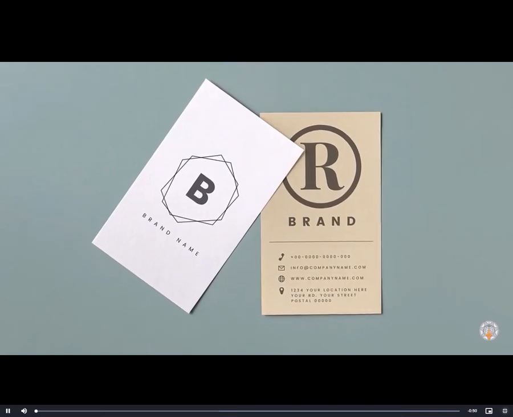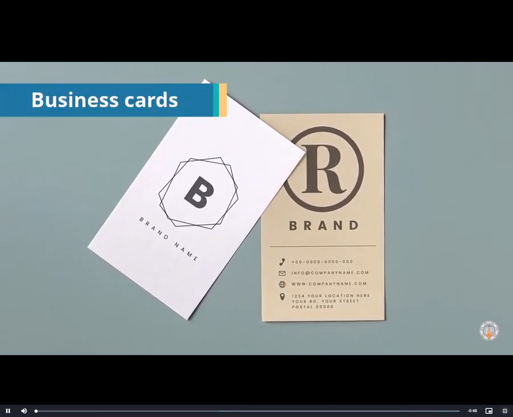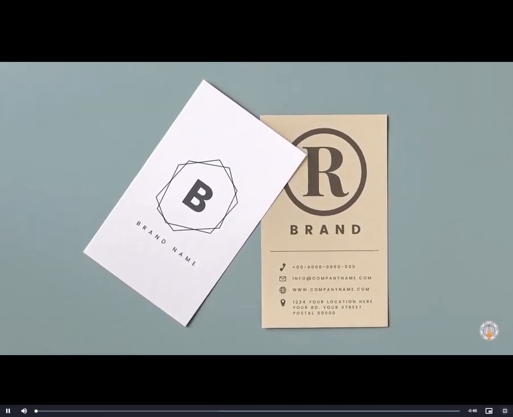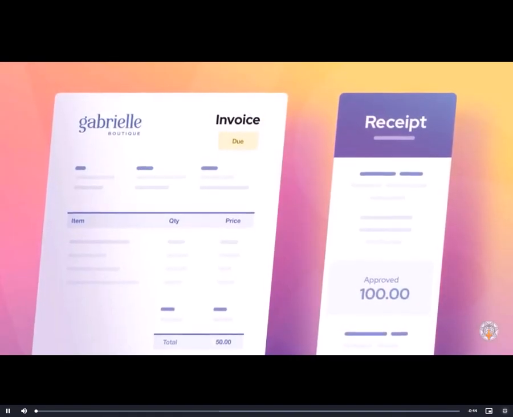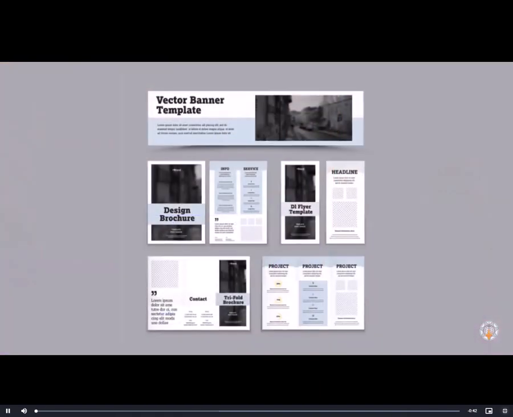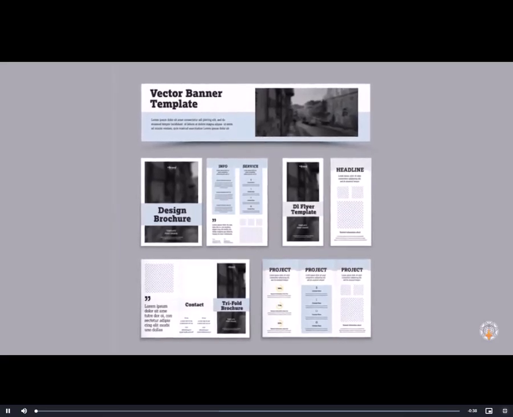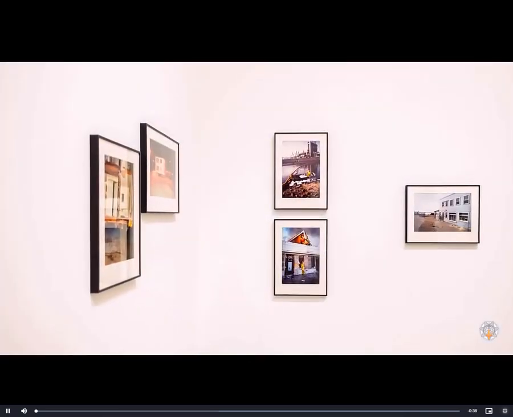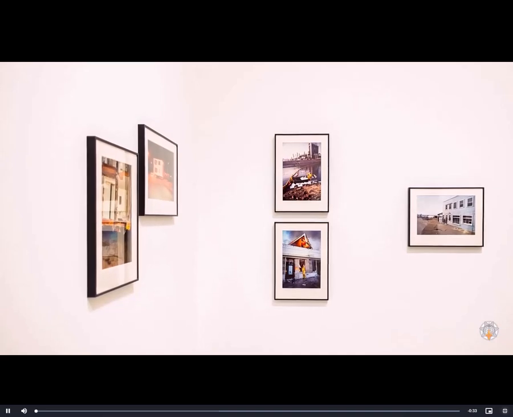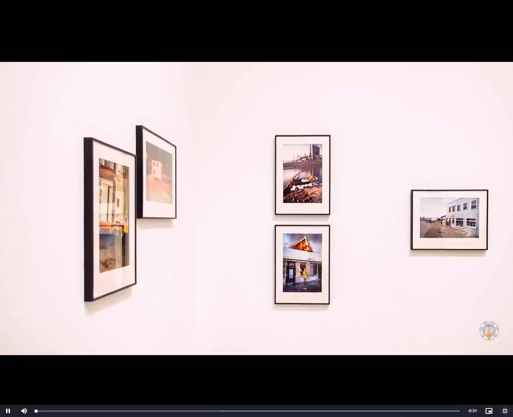Businesses seeking stationery designs such as business cards for their employees, receipt and invoice printing, etc., and their advertisements in the form of banners, brochures, etc. 6. Hoteliers where Meenal's photographs could be displayed as frames on the walls.